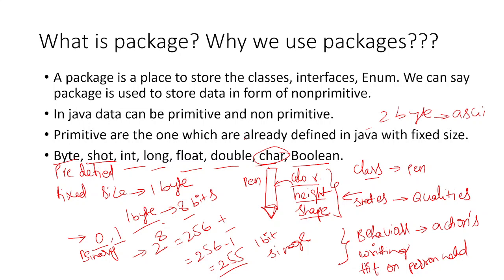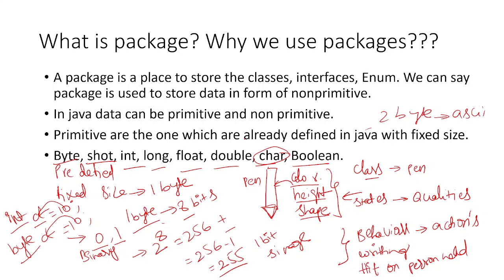I need to tell one thing. If I declare int a equal to 10, this 10 will be stored inside variable a, which is of int data type. If I do byte a equal to 10, 10 will be stored in variable a, but it will be of byte data type.